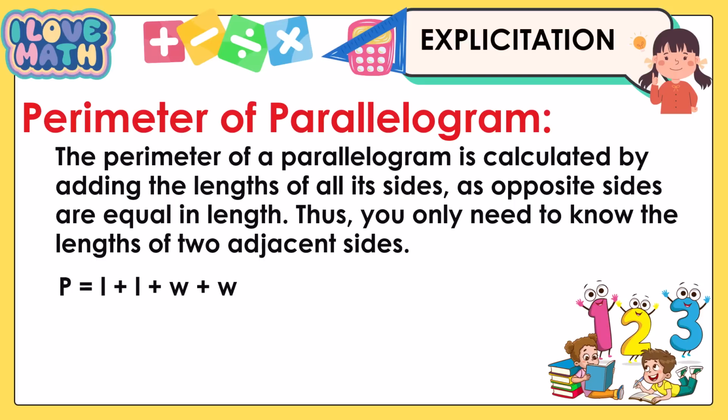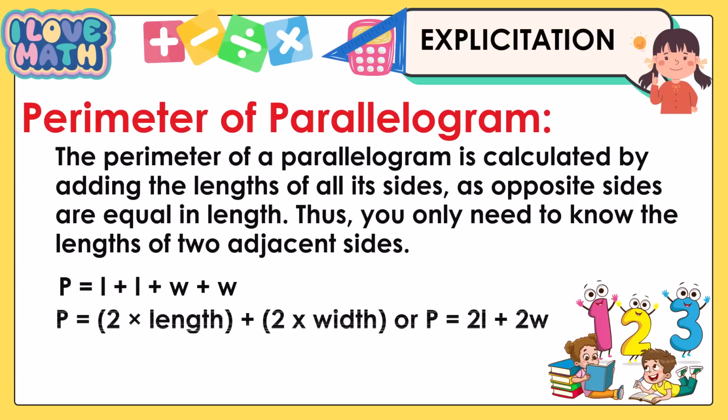P is equal to L plus W plus L plus W, or P is equal to 2 times length plus 2 times width, or P is equal to 2L plus 2W.